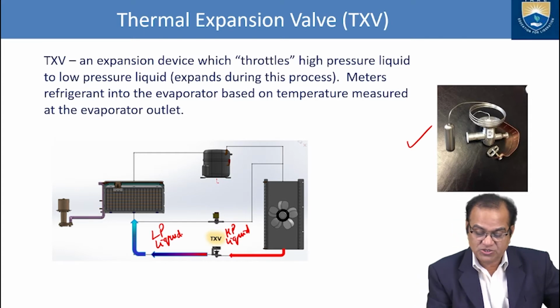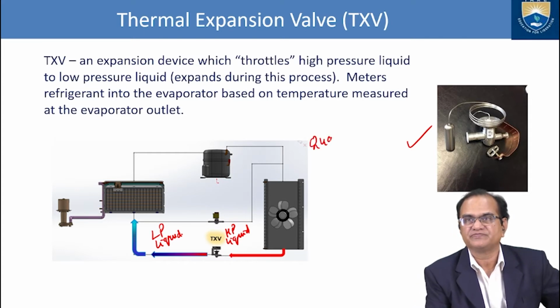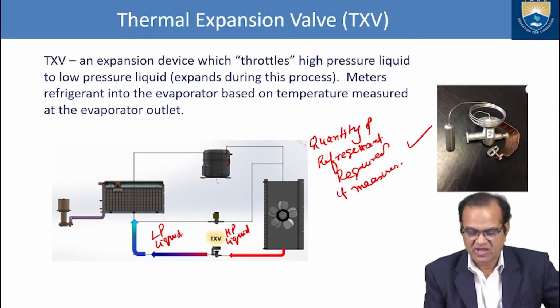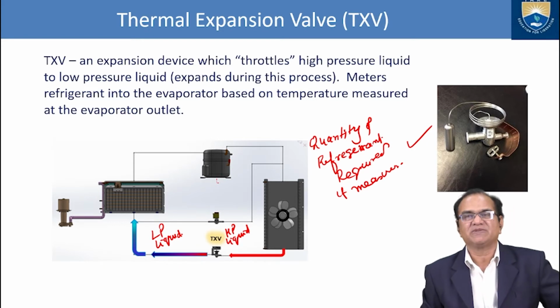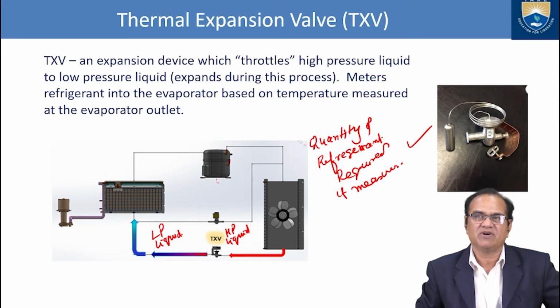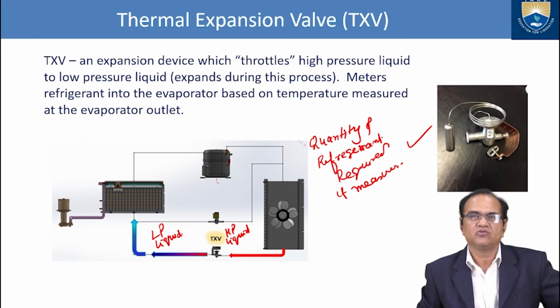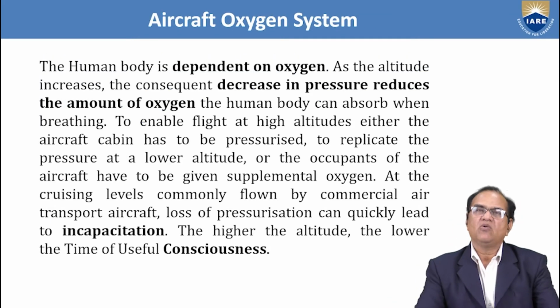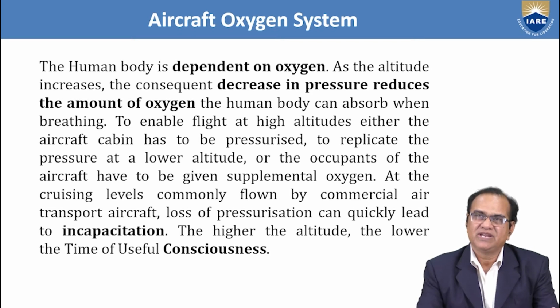It meters the refrigerant, that is, how much quantity of refrigerant is required. It measures, it calibrates, and it gives the same amount as much as required by the system. And the temperature is measured at the vapor outlet. As per the temperature, it will give that much amount of refrigerant, converting high pressure liquid to low pressure liquid.